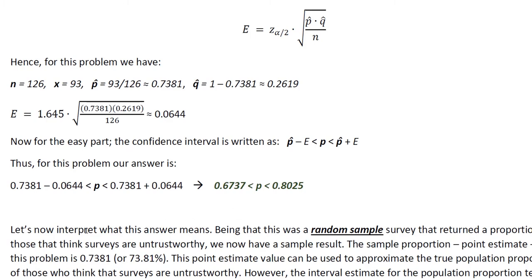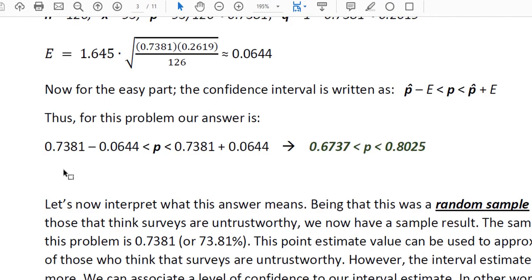In other words, for this problem, on the left side, we would have 0.7381 minus 0.0644 is less than P, or the population proportion, which is less than 0.7381 plus 0.0644.